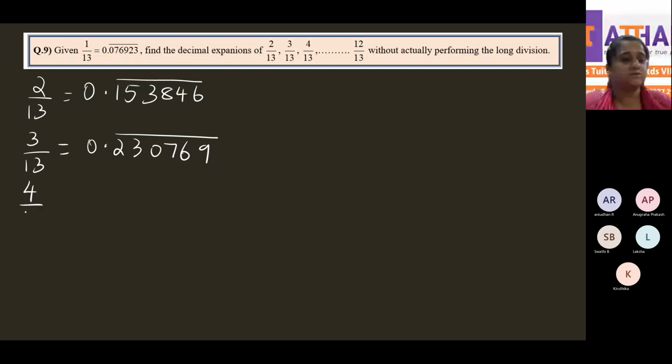Aragame, 4 by 13. 0.3. No. Laksha, 4 by 13. Yes, ma'am. 0.307692. Correct.